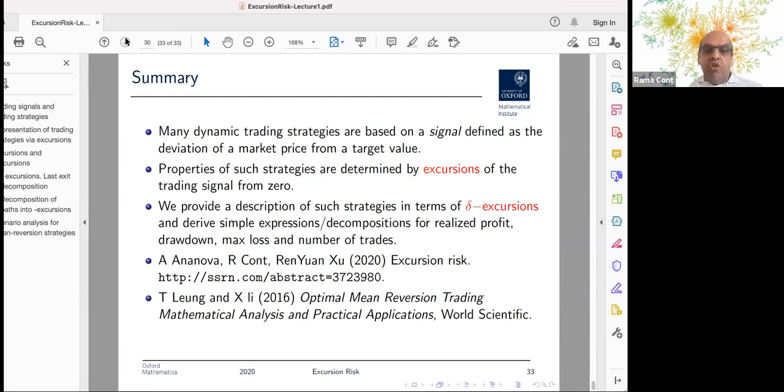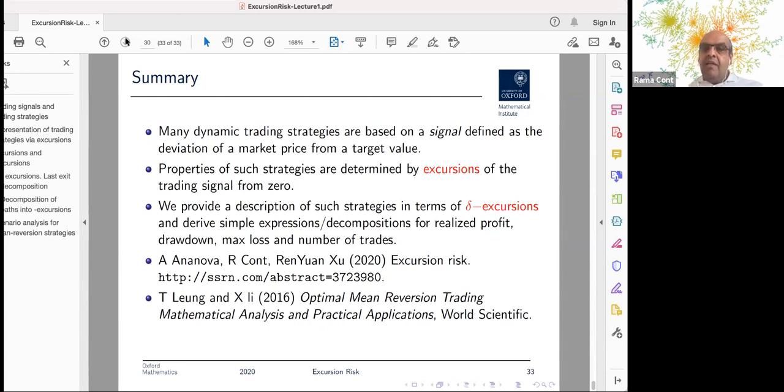Starting from this idea, we showed that the relevant way to think of the signal is not in terms of fixed time returns or some time series model or maybe even an SDE. We don't need infinitesimal descriptions or fixed time descriptions.